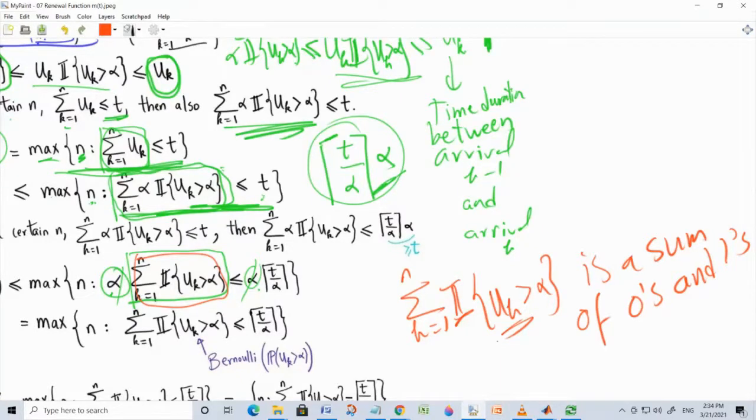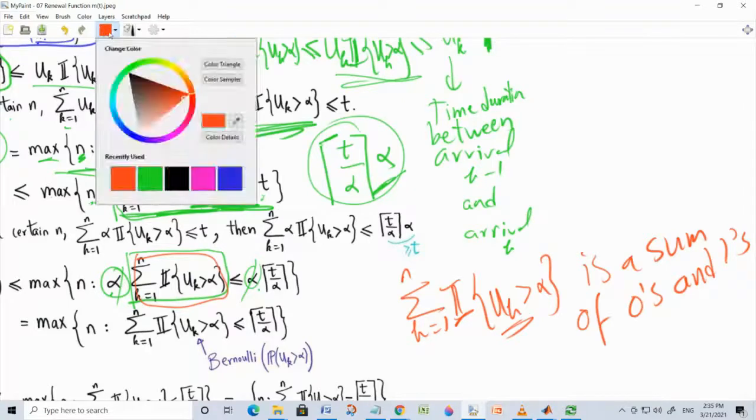If the inequality is satisfied, we have 1. If not, we have a 0. So that's a 0-1 sum. It's different from the original sum, in which we are summing the interarrival times, which in this course we take to be absolutely continuous random variables. Now we have a sum in which each term is 0 or 1.